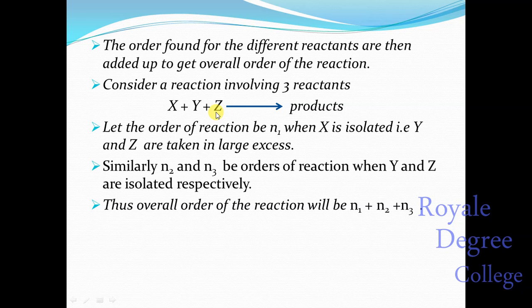Similarly, N2 is the order of reaction when Y is isolated, so X and Z are taken in excess quantity. Then the order of the reaction will be N3 when Z is isolated and X and Y are taken in large excess quantity. Thus the overall order of the reaction will be N1 plus N2 plus N3.